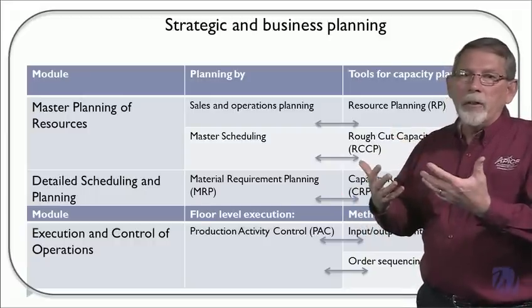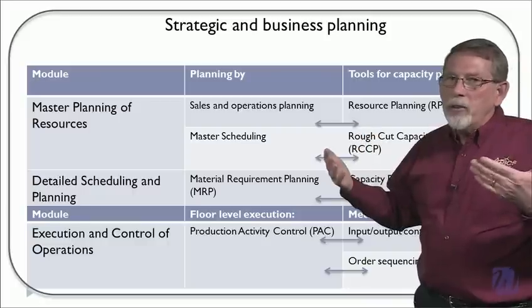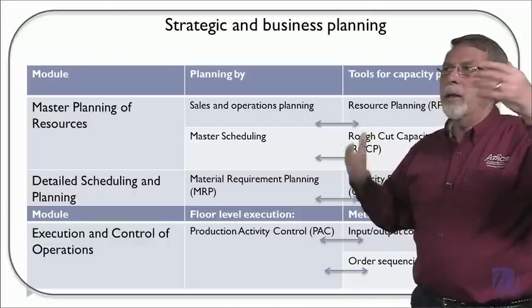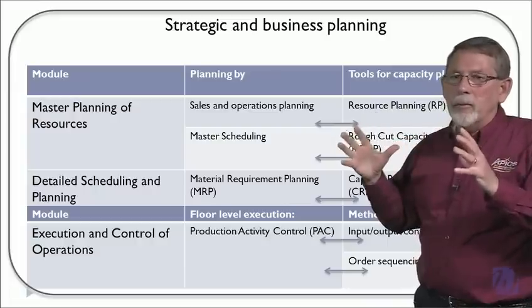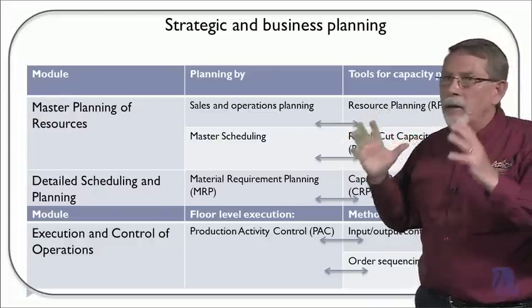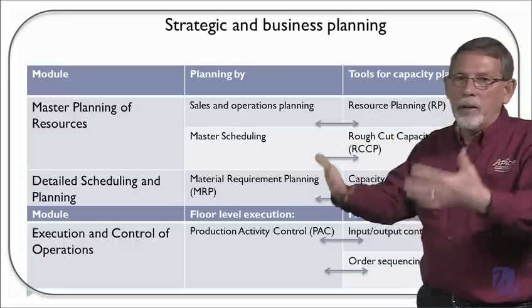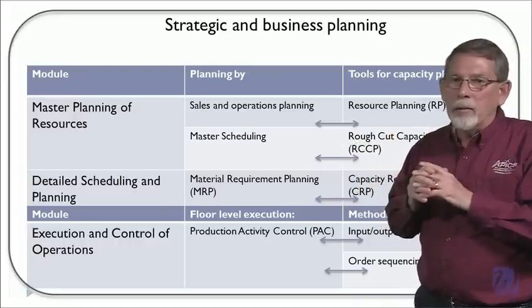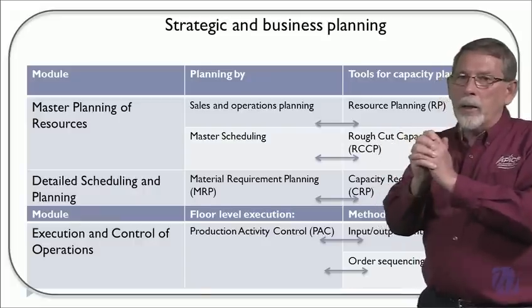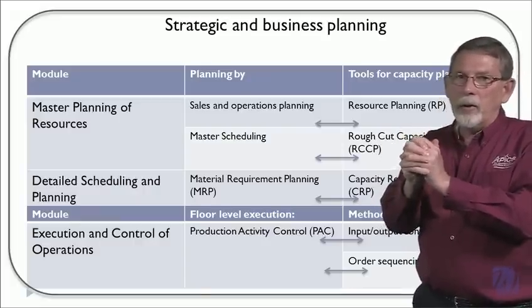Once we develop that sales and operations plan, which is still pretty general, we've taken the very general strategic business plan and broken it down a little bit into some real numbers. We started out with dollars, and now we have numbers, and we're based on families, which we'll talk about in a little bit.